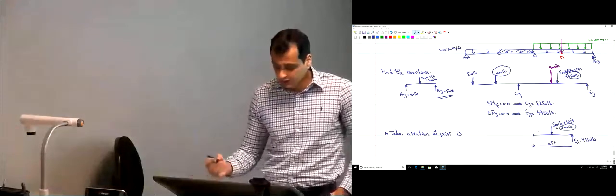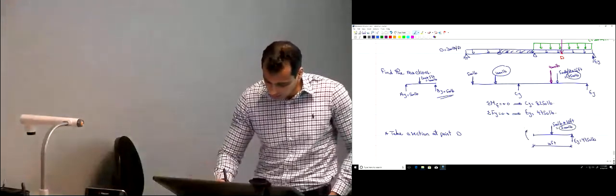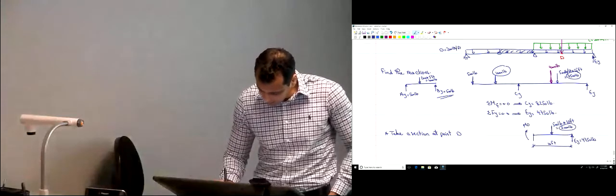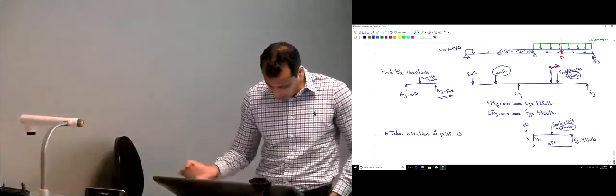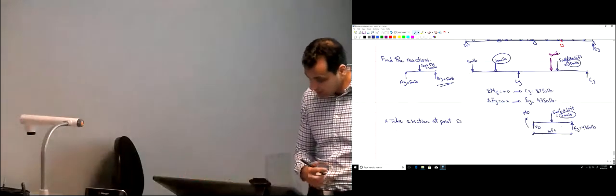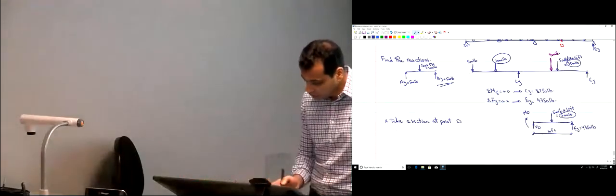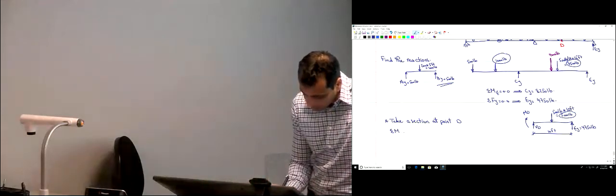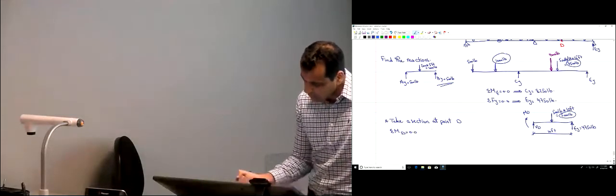Now at point D, I took a section here. We have MD, we have VD, and ND. I'm not interested in VD, I just want to find how much is MD. So to find MD, just take the summation of the moments at point D equal to 0, as you learned earlier.